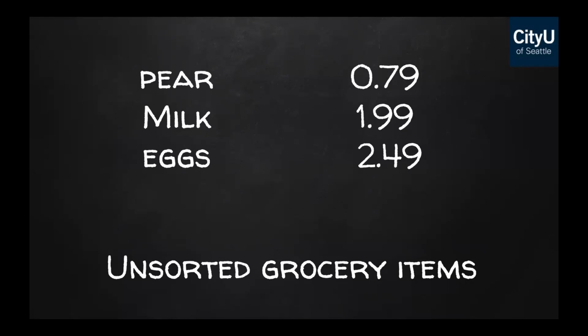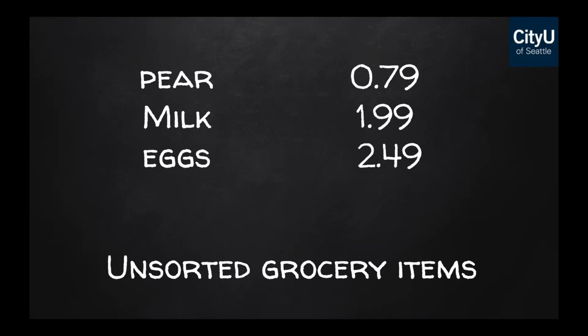Okay, let's start with a list of grocery items. Let's say you work as a cashier in a grocery store, and you have this list of items: pear, milk, and eggs, and those are the prices. Right now, these items are unsorted based on their name.